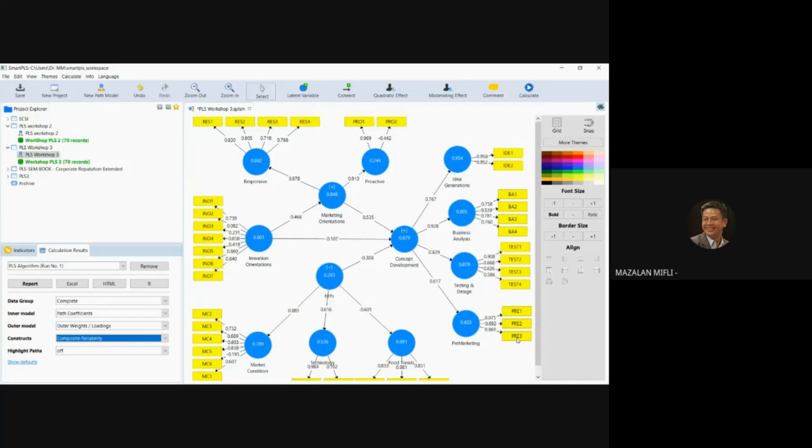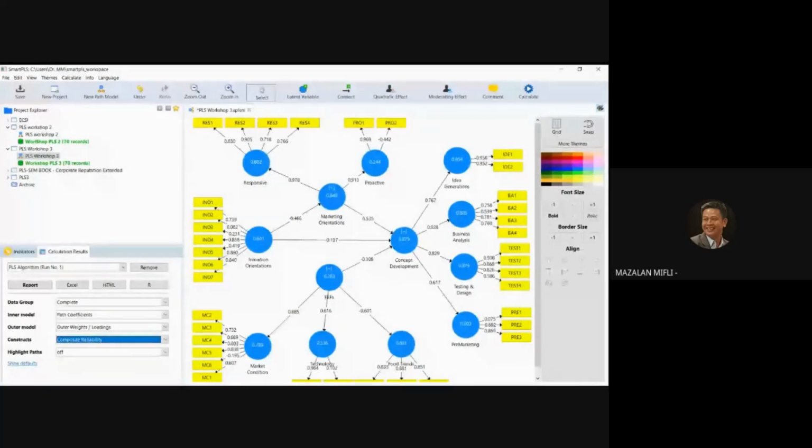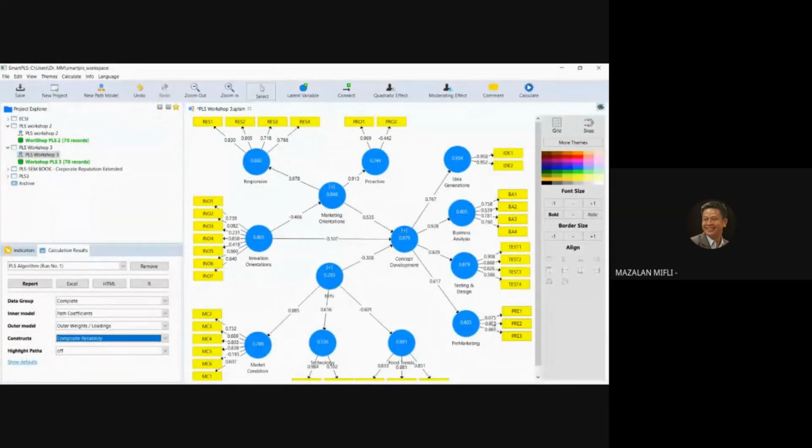That is the interpretation of the result. Almost not related, so we should omit this. If you have this kind of loading number, you definitely need to delete this indicator, throw it away. It does not belong to pre-marketing.